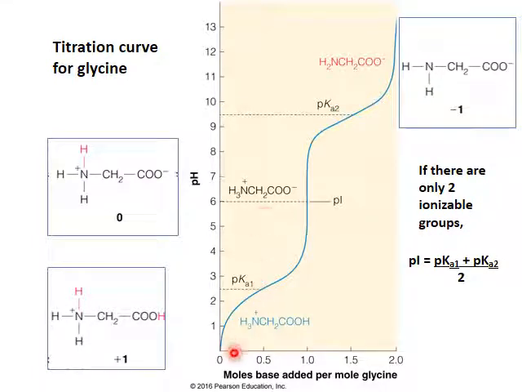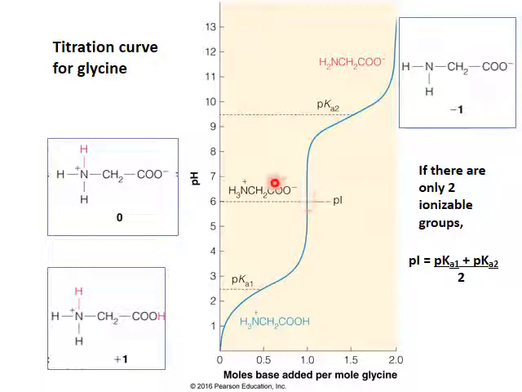And then if we look at the molecule as the +1 charge, that's shown here. So that's at low pH, basically pH 0. And then we start titrating that carboxylate group at the half equivalence point, and then we completely titrate it away.